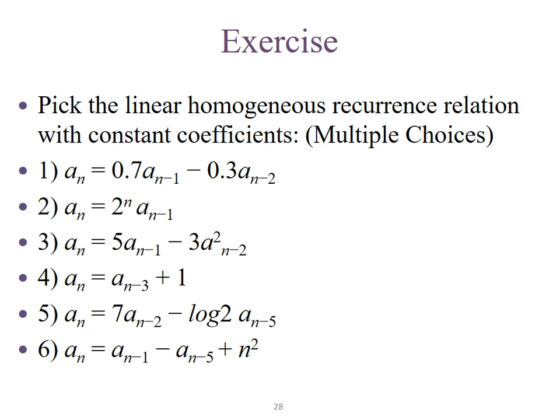So let's explain why the other answers are wrong. For example, 2. What's wrong with this recurrence relation? So 2 to the power of n. So how about 3? It's not linear. How about 4?